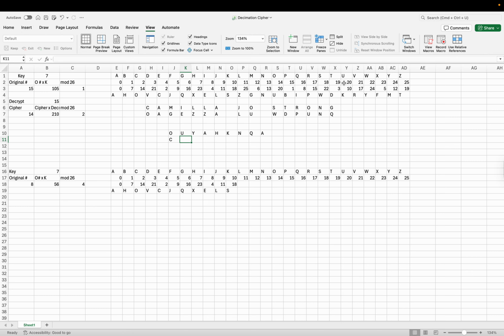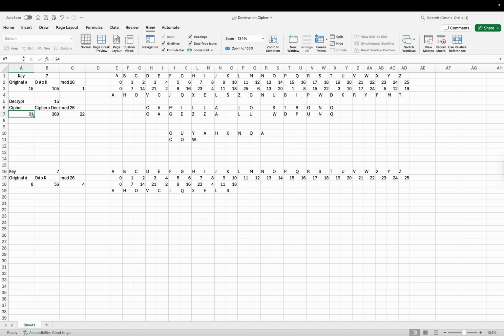U is 20. That's 14. 14 is O. Y is 24. 22, W. So we've got the word cow.